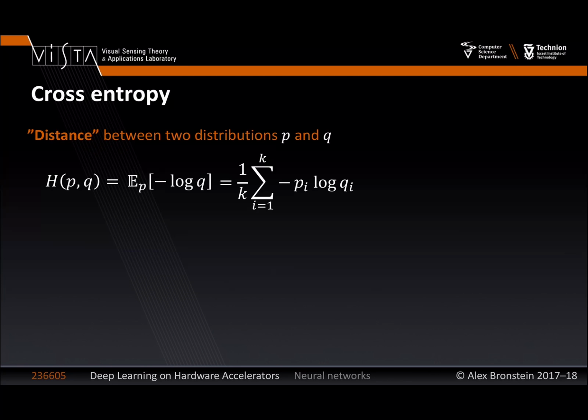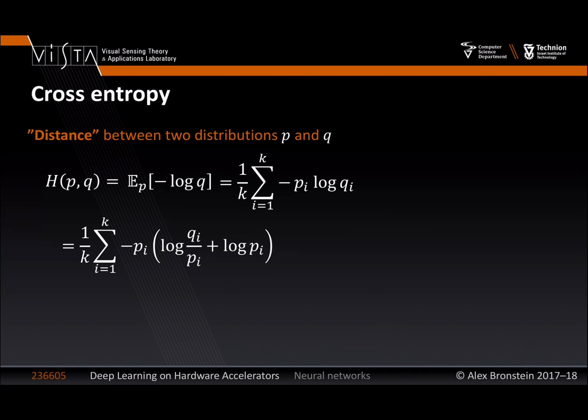And I can write it explicitly for discrete distributions as 1 over k, the normalization constant that I was talking about, sum i goes from 1 to k of p_i, which is exactly the probability mass function of the distribution P, times negative log q_i, which is the negative log of the mass function of the probability distribution Q. Okay. So this is the cross entropy.